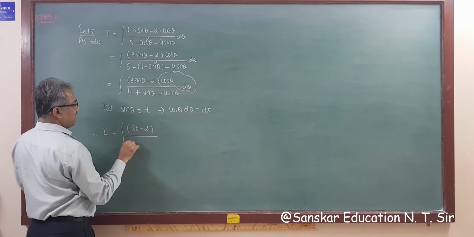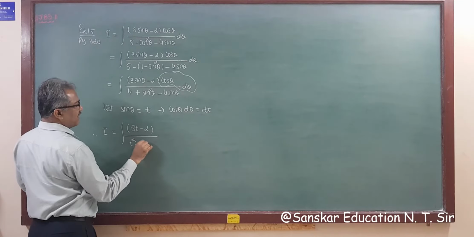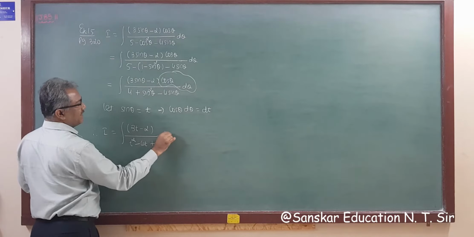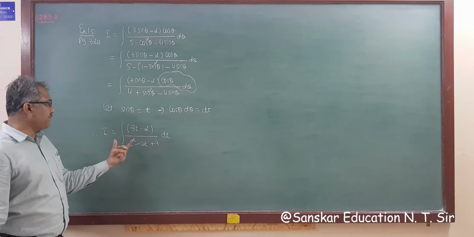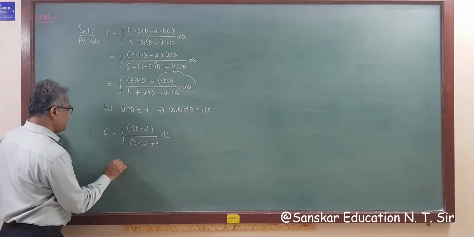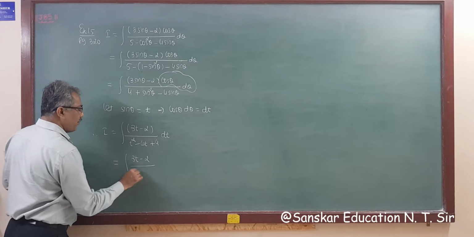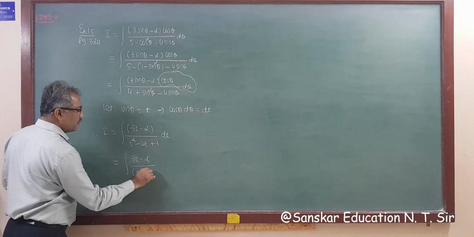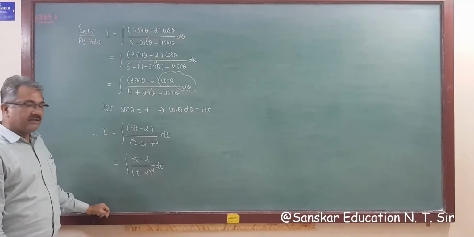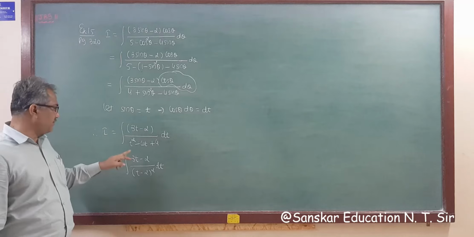Now sin square theta is t square minus 4t plus 4 and dt. So this is the perfect square of (t minus 2) whole square. So this is the integration of (3t minus 2) upon (t minus 2) whole square dt.